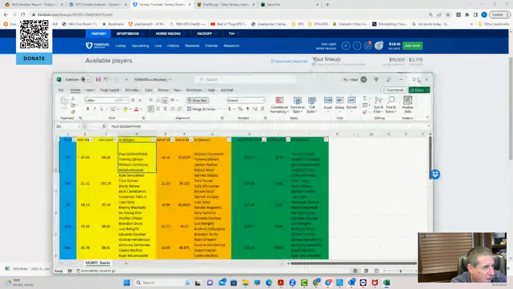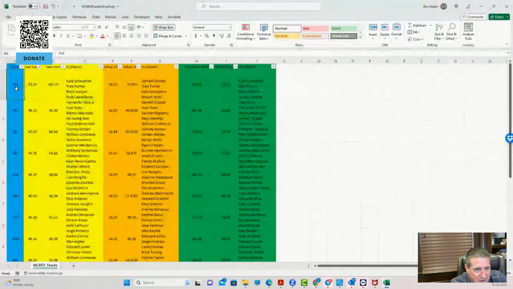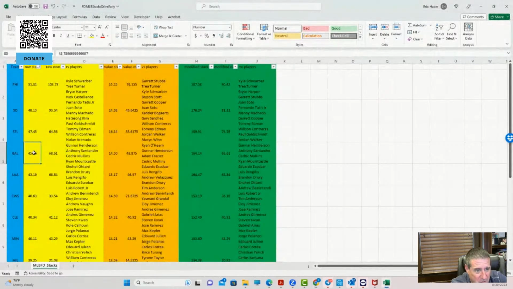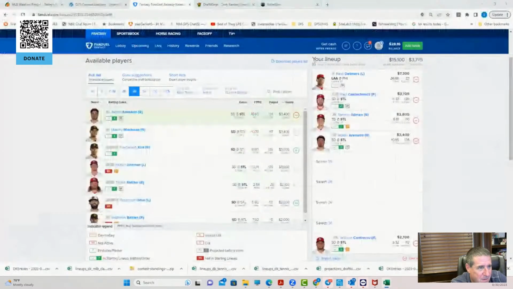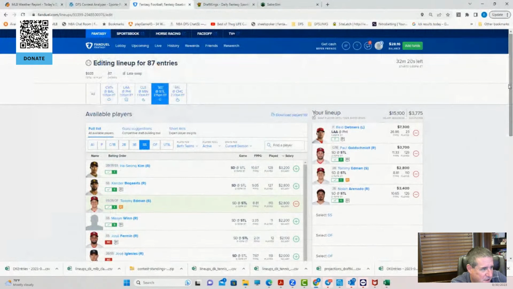So who looks good? That's not Philly. From a raw stack perspective, I mean, San Diego, right? But they're highly owned. You play Baltimore. So either San Diego or Baltimore. I mean, you probably won't even be able to spend all your money, honestly.